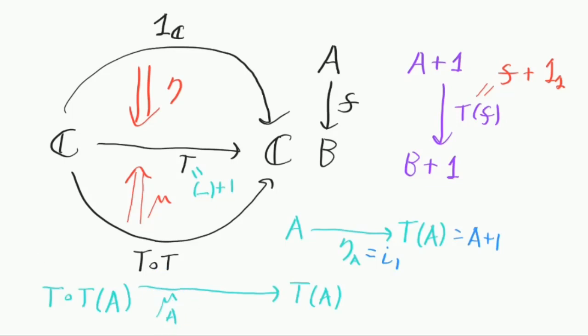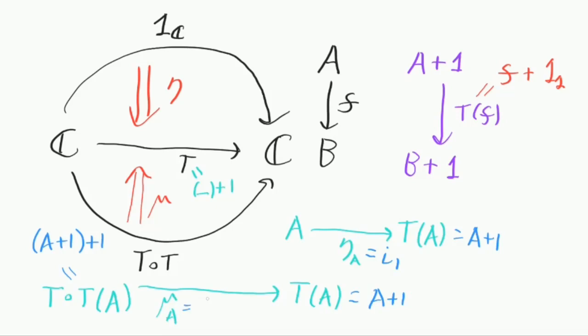Well, it's going to go from T of A. So T of A is A plus 1. And then we want to do plus 1 on that. So this is the source object of our arrow, and the target object is just going to be A plus 1. So how is this arrow going to work?